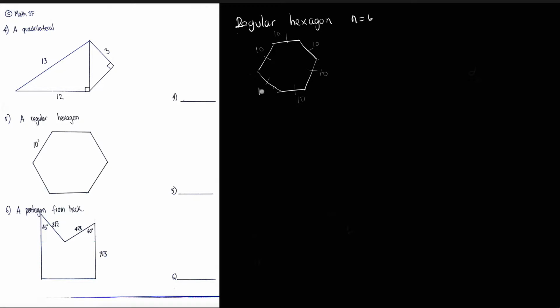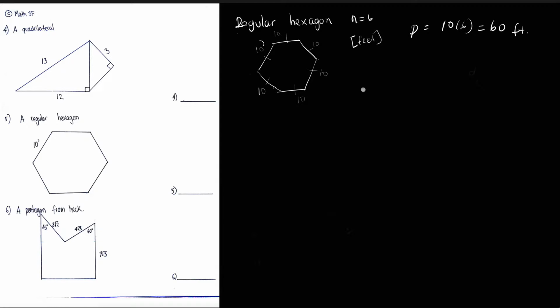If each of them is 10, then my perimeter is going to be 10 times 6, which is 60. But these were feet, right? So each of them is 10 feet, so I'm going to write feet here. So the perimeter is 60 feet.